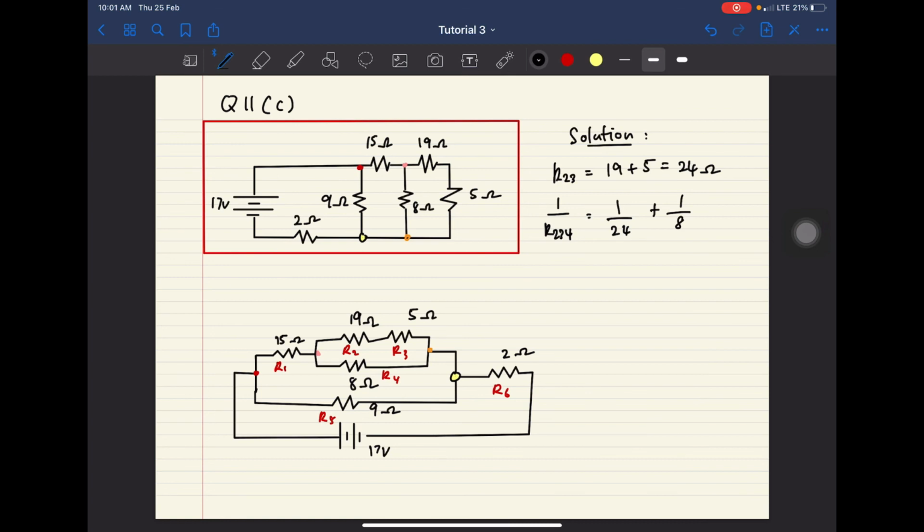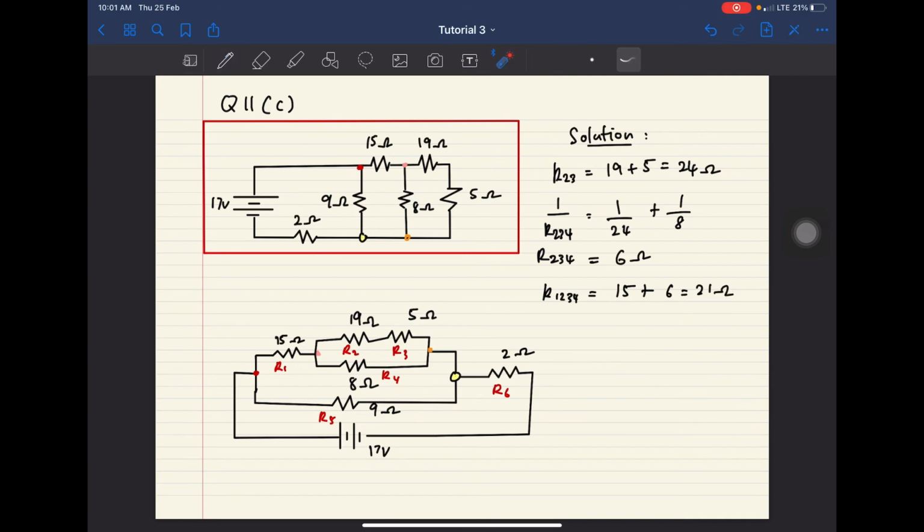I got 24 divided by 4, so it would be 6 ohm. That one is for this part. R234 is 6 ohm. And I can combine with this one, which is 15. So R1234 is simply 15 plus 6, which is 21 ohm.